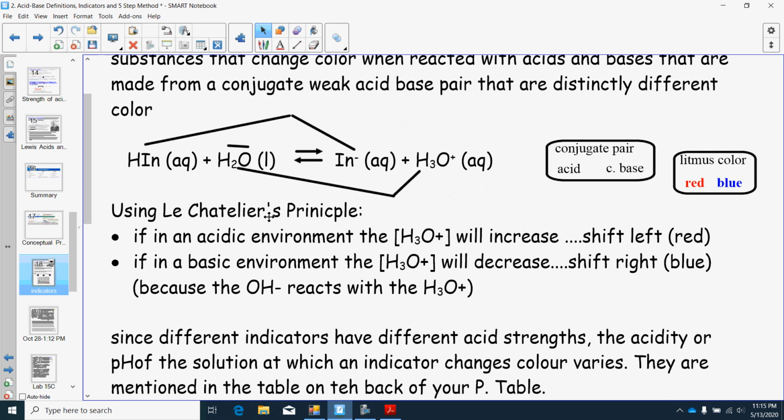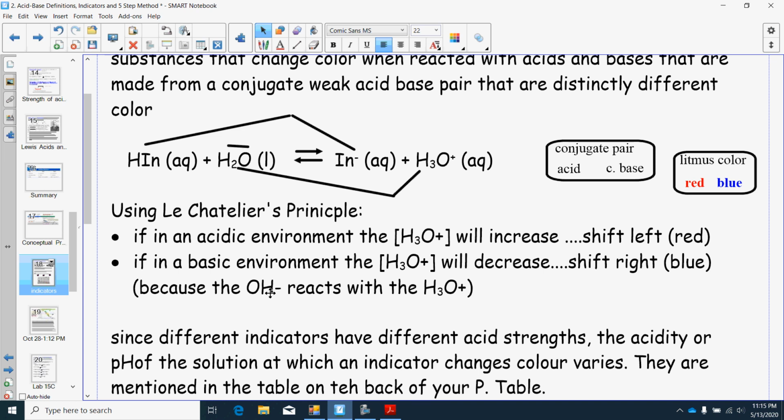So Le Chatelier's principle again: if you're in an acidic environment, the concentration of H3O positive goes up, we know that. And therefore, the fix is to decrease it, shifting to the left, making more of this, and therefore you get a red color. If we put it in an environment that's basic, we've got a whole bunch of extra OHs.